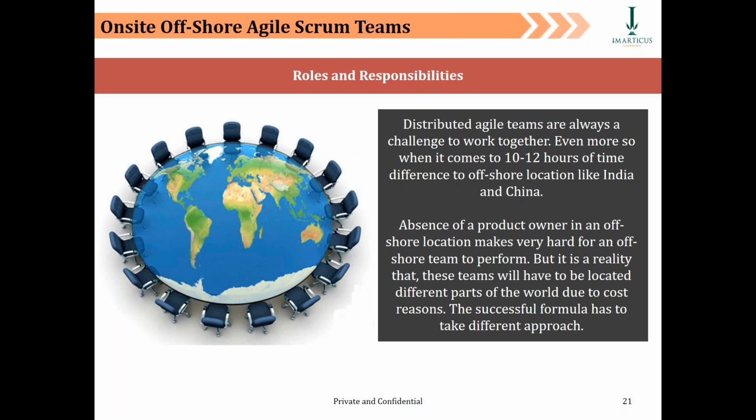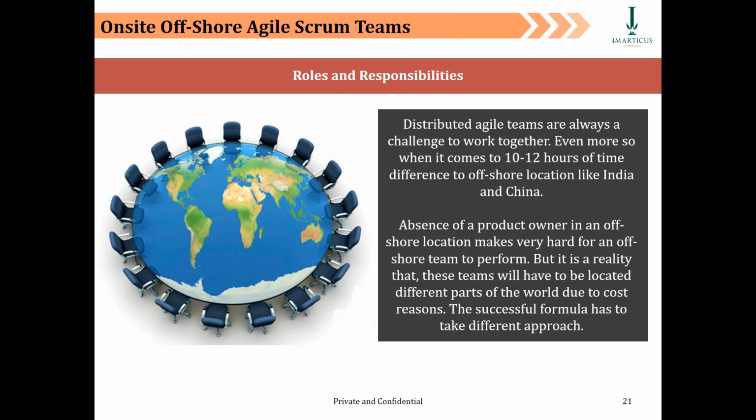Now, second problem: the product owner is missing from an offshore location. You have China and UK as your onshore locations, so I'm assuming your client is based out of either UK or China. So one team you have to keep at the client location. If UK is the client location, the product owner will also be in UK. This means for the larger development shop, which is mostly India, there is no product owner.